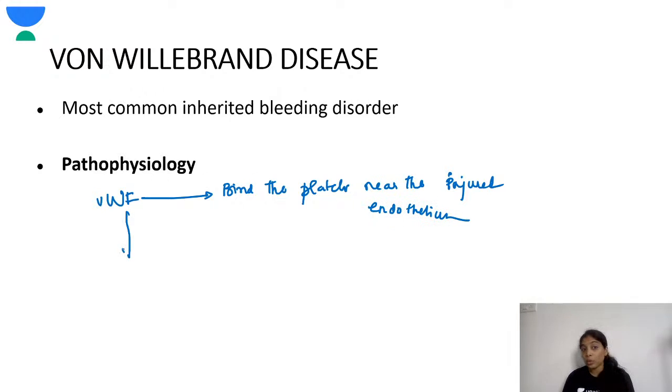So there are two functions of the von Willebrand factor. One is it binds the platelets near the injured endothelium. That's why when it is absent, it can lead to platelet dysfunction. Another very important thing is it is a carrier protein for factor 8.